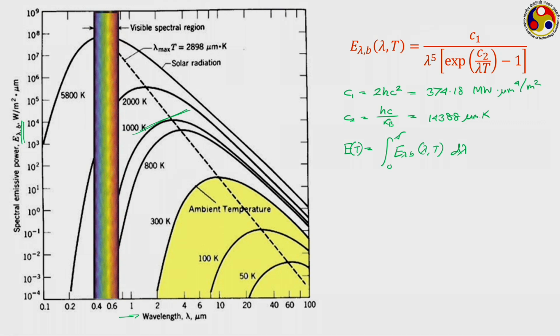Now, for a given temperature of the surface, if our interest is to calculate where we get the maximum value of this emissive power, or corresponding to which wavelength at least, then we have to differentiate this expression with respect to lambda with T remaining constant and equate that to 0.